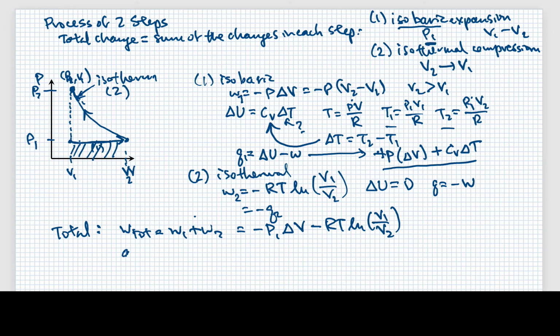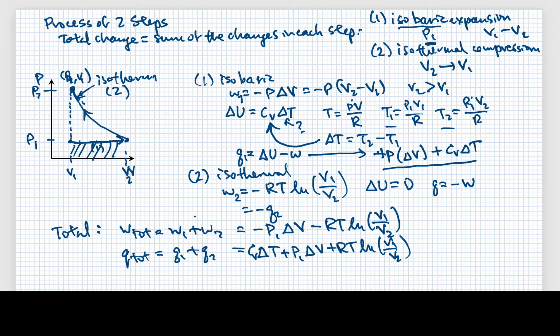My total heat in the process will be Q1 plus Q2. Okay, Q1 is going to be my delta U minus W. Delta U is CV delta T, and W was this minus P delta V, so it's going to be plus P delta V. And the Q for the second process is just minus the W, so it'll be plus RT log of V1 over V2.